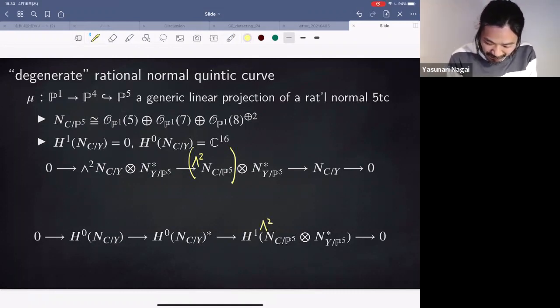So what I was going to say is that we can calculate the splitting type of the normal bundle inside of P5. So from this, we still know that the moduli space is smooth at this point.